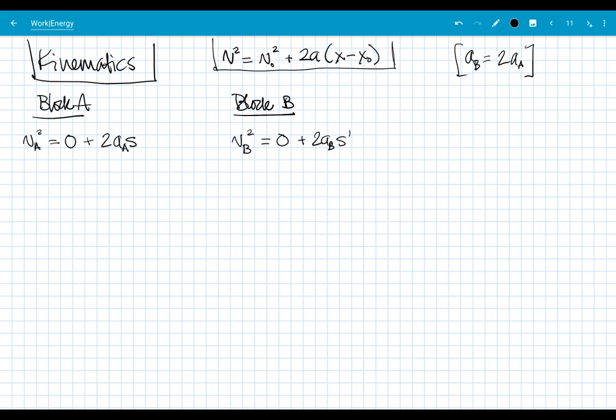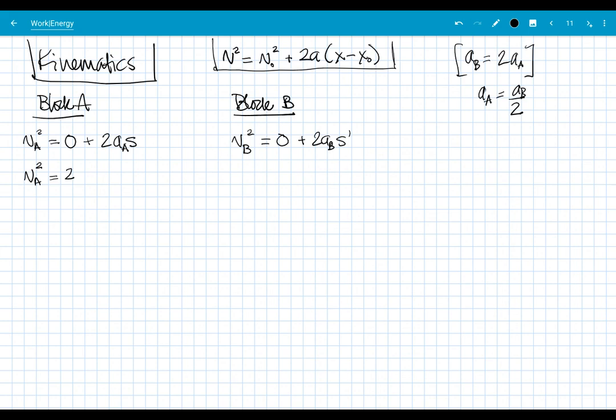Knowing that, if I want it all to be in terms of B, then I'm going to write a_A as a_B over 2.